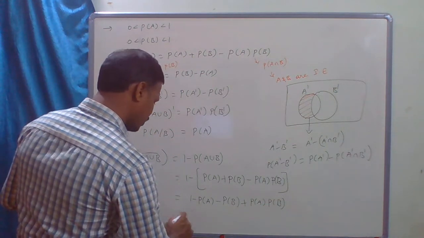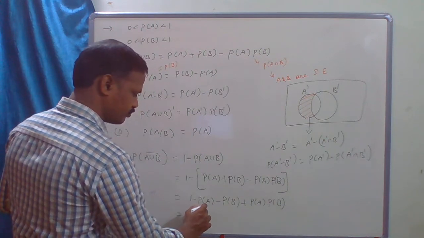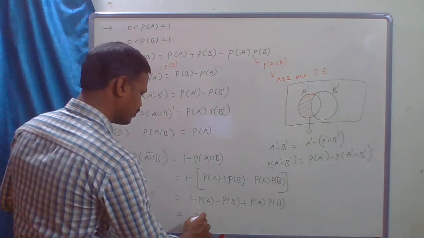Now 1 minus probability of A, which is probability of A bar.